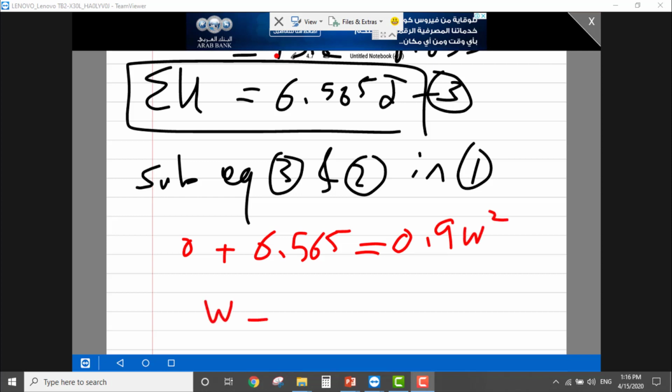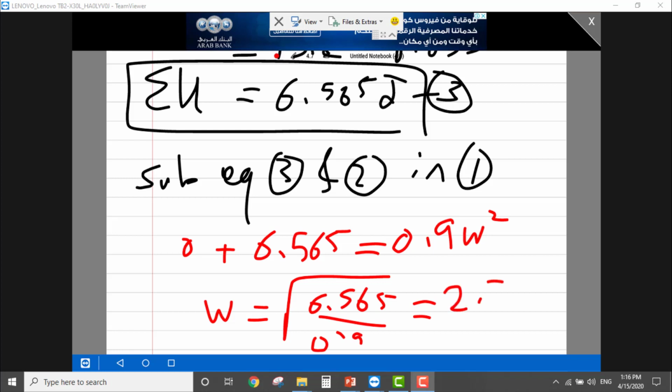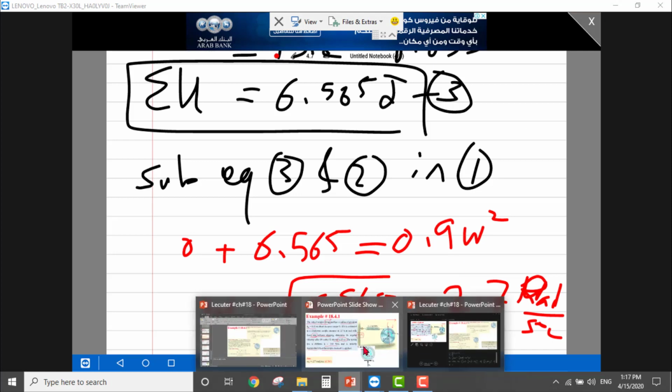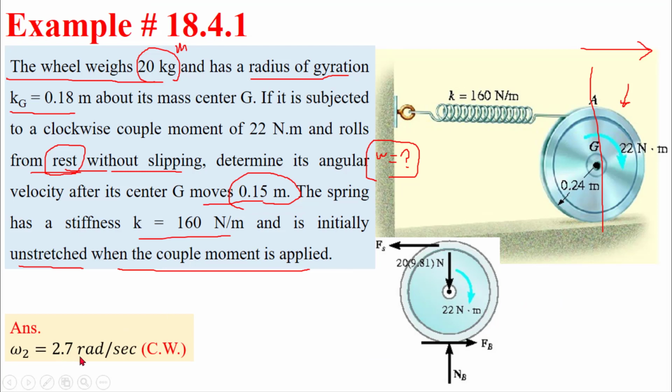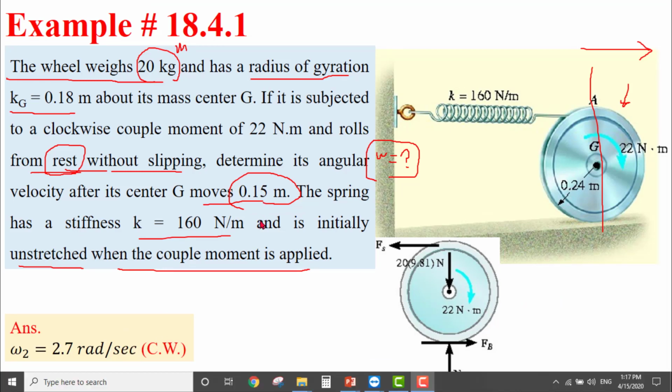Then omega equals the square root of 6.565 divided by 0.9, and this gives us 2.7 rad per second. If I go back to the PowerPoint, yes, the answer is 2.7 rad per second. So that's it for this section. Now let's move to a new section.